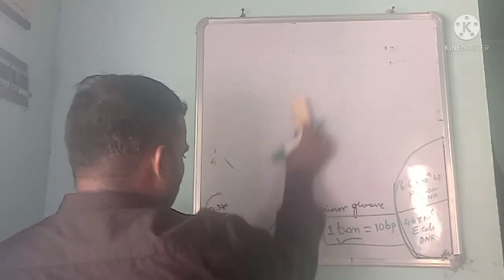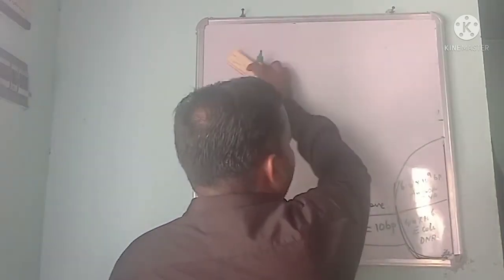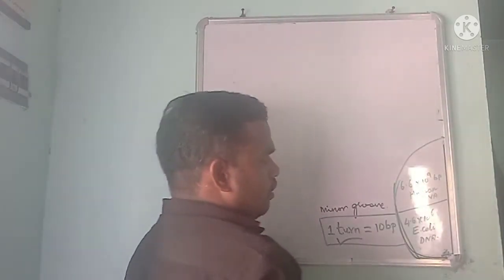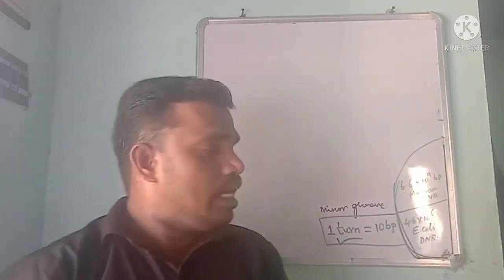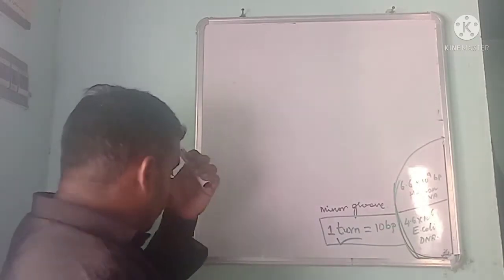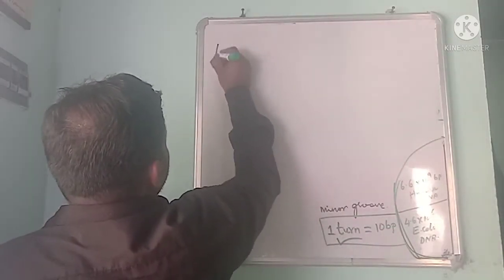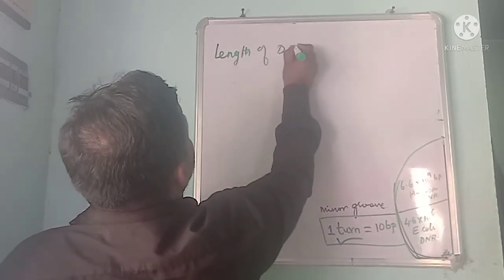Let us solve this problem. I hope you are understanding the concept very clearly. So let's move on. The length of the human DNA is 6.6 × 10^9 base pairs in diploid condition. Now, what about the haploid condition? What is the length of DNA?